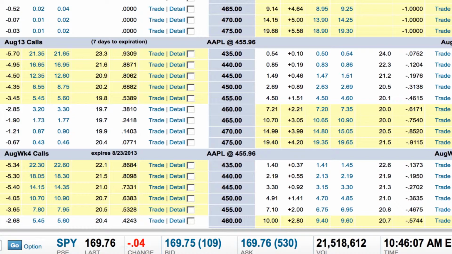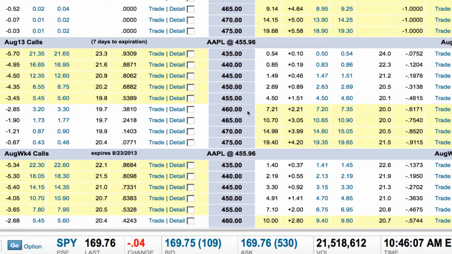The 450 call is $6 in the money. You can see that it keeps going up. We just keep adding 5. This would be $11 in the money, $16 in the money, and so on.